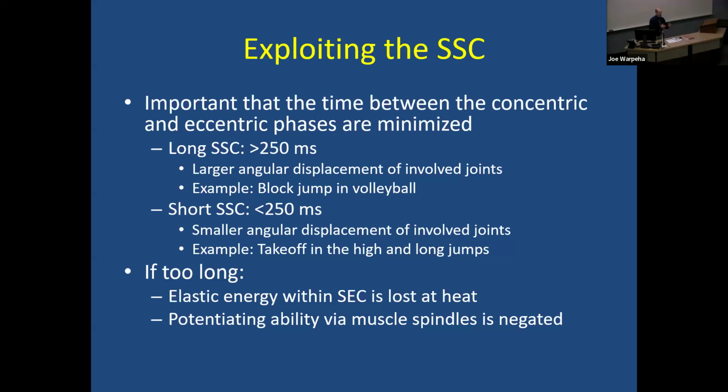It's just not going to be as much because you're not getting that elastic energy recoil and recouping that. And you're losing the potentiating ability from the muscle spindles, that neural reflex. So this is a lot of what underlies plyometrics and why people do plyometrics and why plyometrics by definition are explosive and powerful. And you're trying to minimize ground contact time when you're jumping on and off things.